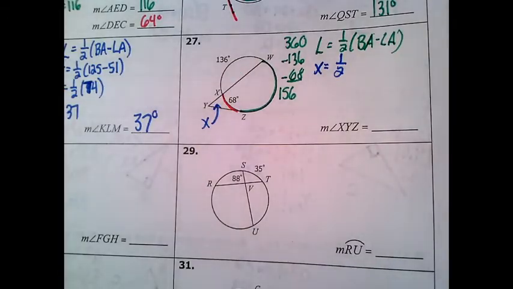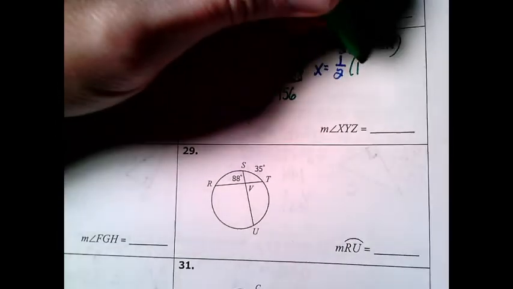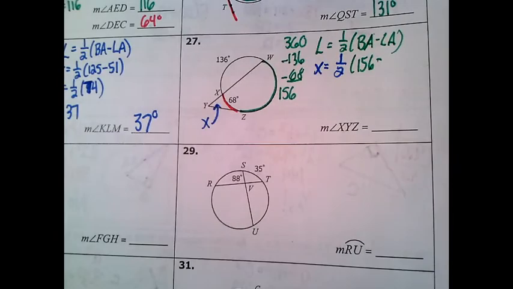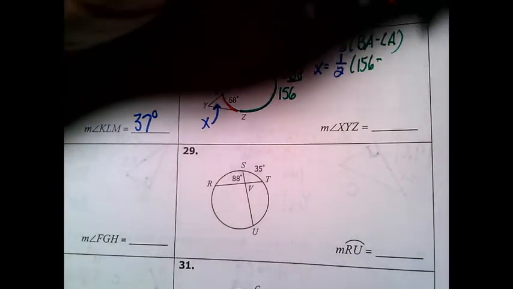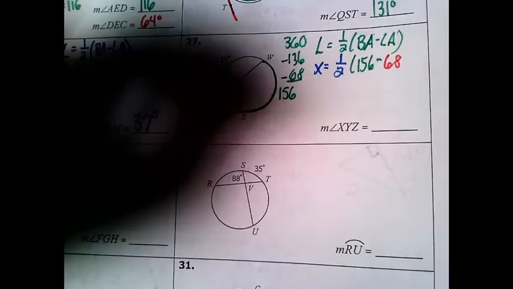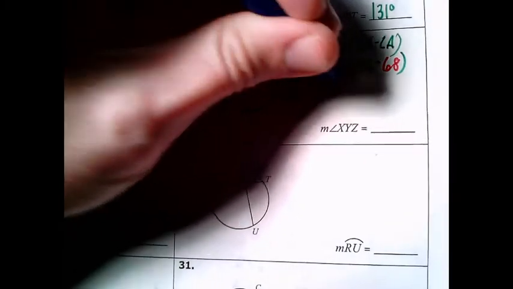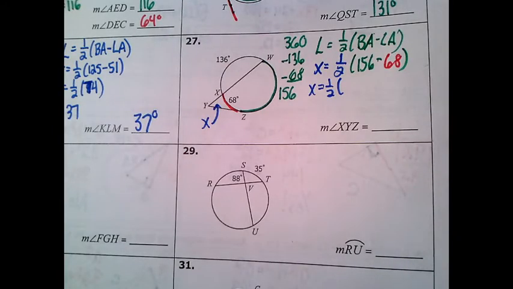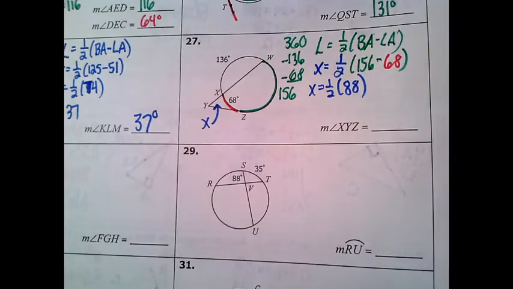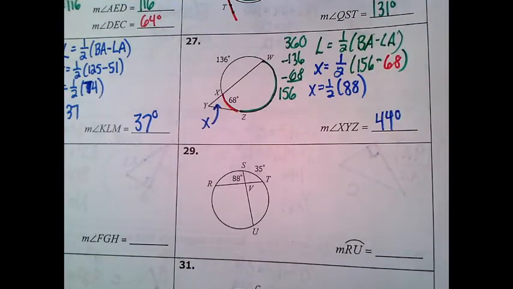My big arc is 156 minus my little arc, which is 68. So x is equal to 1/2 of 88, and half of 88 is 44 degrees. There you go.